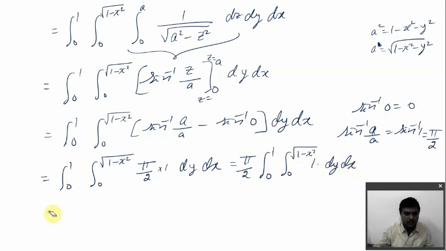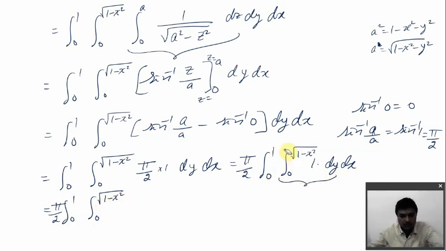So please remember integration of 1. So this is pi by 2, integration 0 to 1, integration 0 to square root of 1 minus x square. I'm going to integrate with respect to y. Integration of 1 will give you y. So this is y in the limit 0 to square root of 1 minus x square dx.